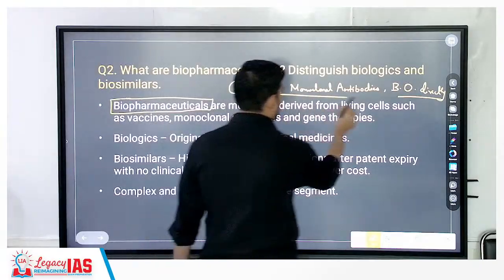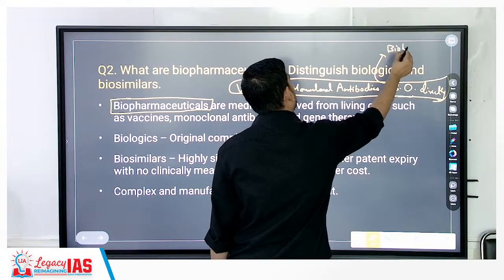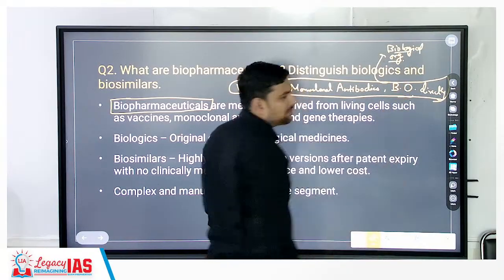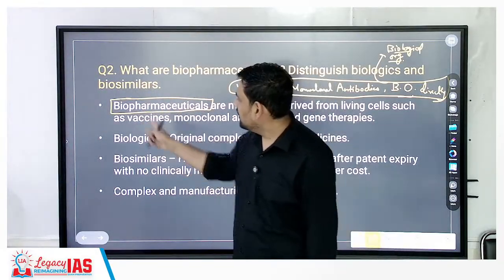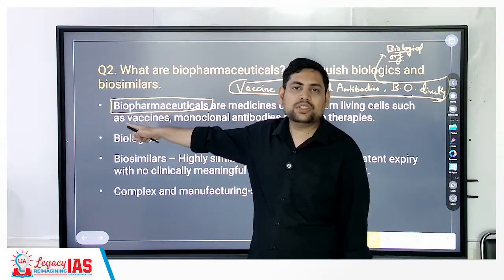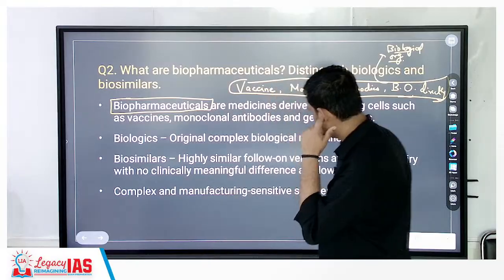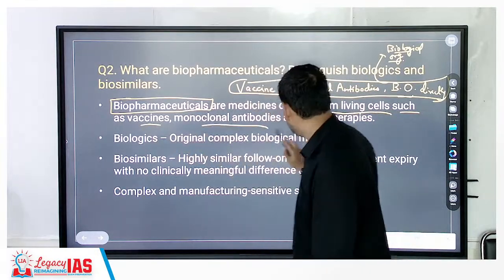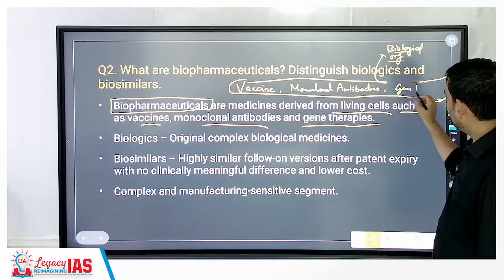These actually involve or are derived from some kind of living or biological organism. That is why they are considered biopharmaceuticals. That is, they are like medicine, but they have a biological component or come from a biological organism. Biopharmaceuticals are medicines derived from living cells, such as vaccines, monoclonal antibodies, and gene therapies.